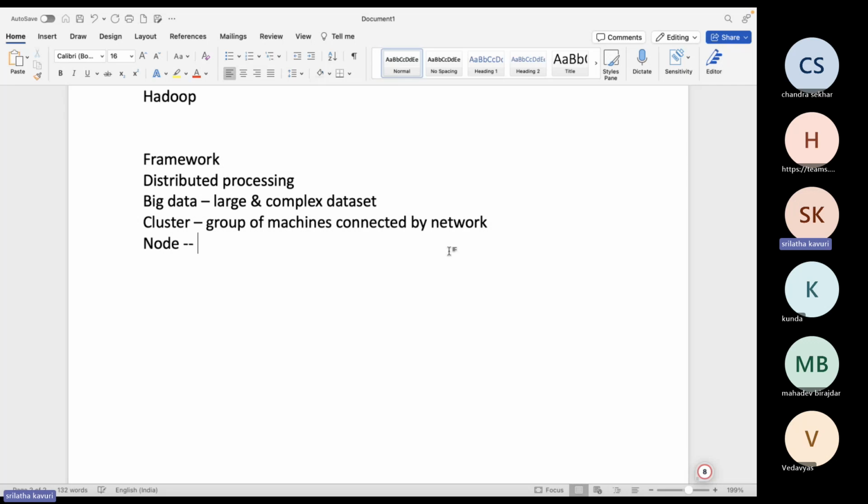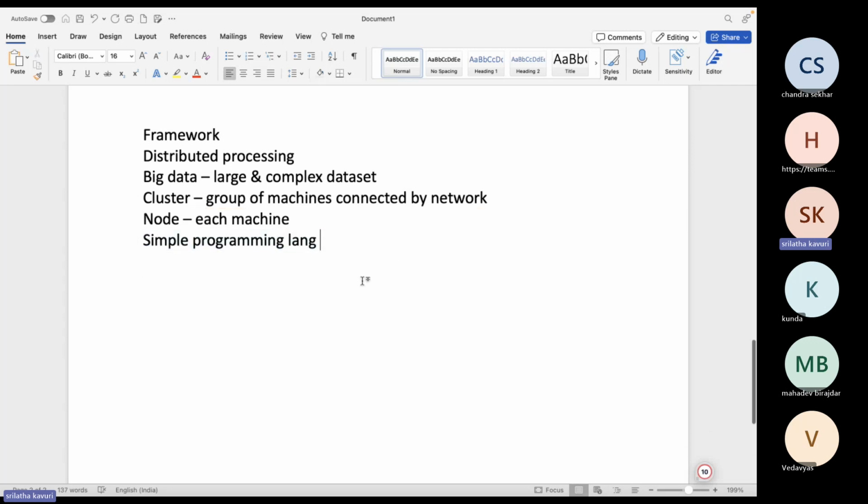And each machine in a cluster is called a node. So Hadoop is a framework which does the distributed processing of these big data sets on top of clusters. And we are able to achieve that with a simple programming language. This simple programming language is what we will learn as part of our training program. I hope this definition is clear for you guys.